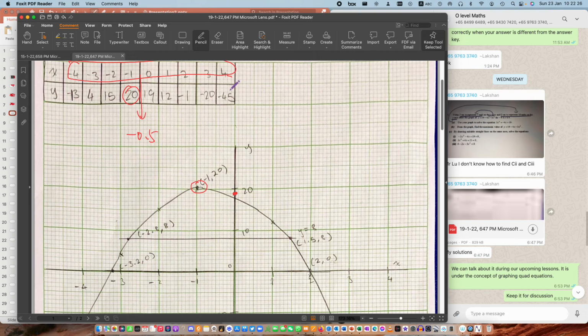You didn't pick -0.5. Can you test -0.5? If you put -0.5 into the equation, which is 19 minus 4x minus 3x squared, right? Can you put the minus 0.5 into it? I think you will end up with a bigger number.